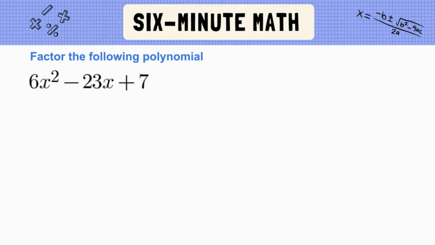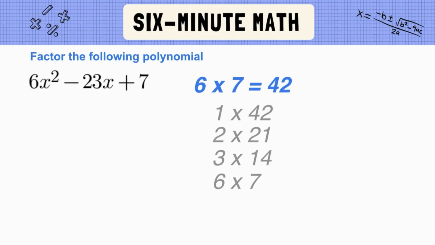What if I were to factor 6x squared minus 23x plus 7? 6 times 7 is 42, and I have my factor U. And I'm looking for two numbers that add to that middle b value. Let's sum these up. We have 43, 23, 17, and 13.